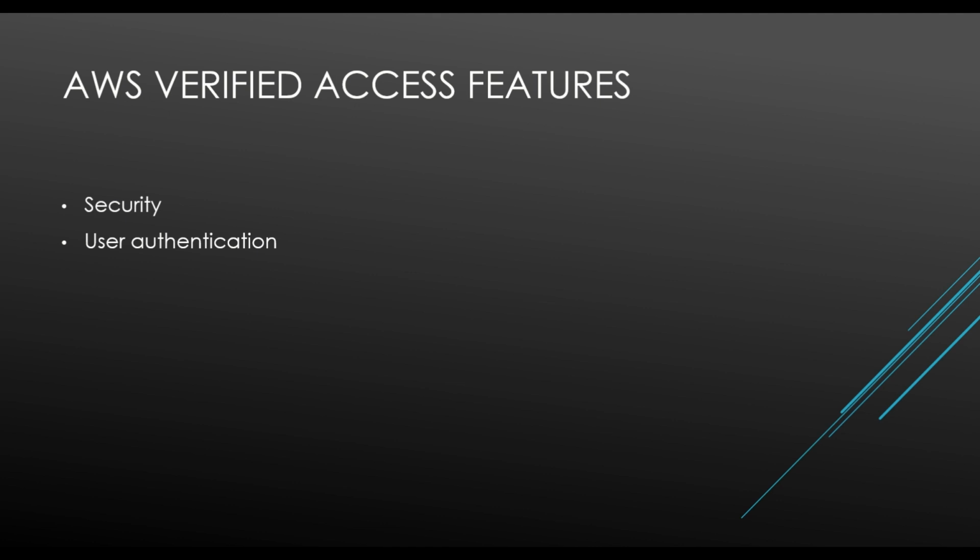Verified Access is seamlessly integrated with AWS IAM Identity Center, which allows end users to authenticate with SAML-based third-party identity providers. If you already have a custom identity provider solution that is OpenID Connect compatible, Verified Access can also authenticate users by directly connecting with your IDP.